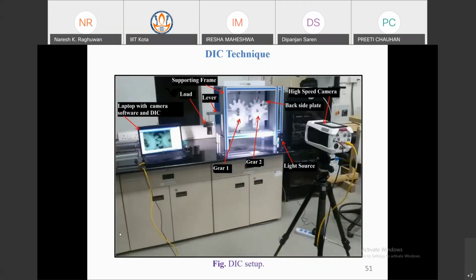Digital image correlation. Again, this is a whole-field analysis technique. I have used a high-speed camera, but you can use a CCD camera for this purpose, capturing some frames per second.